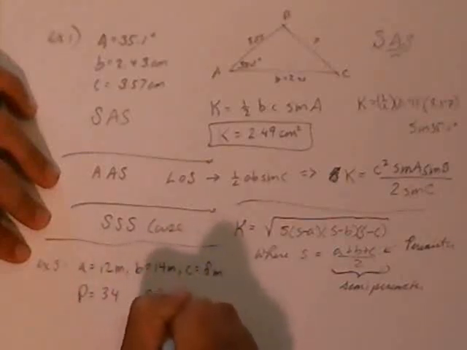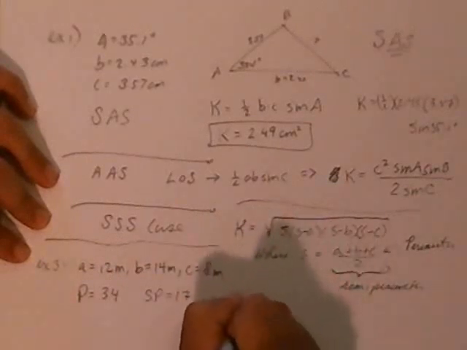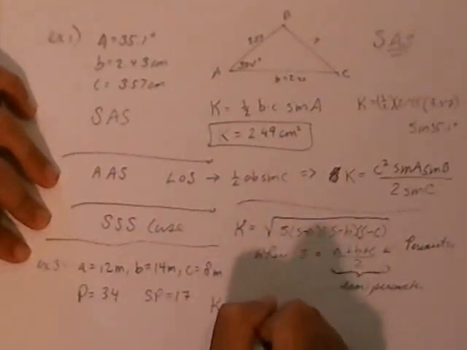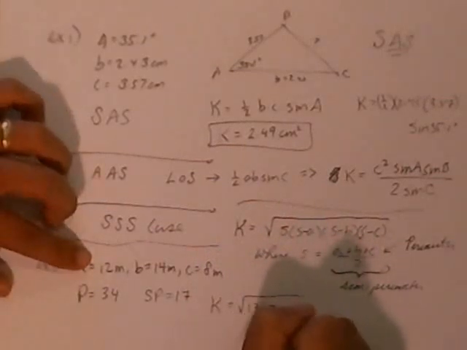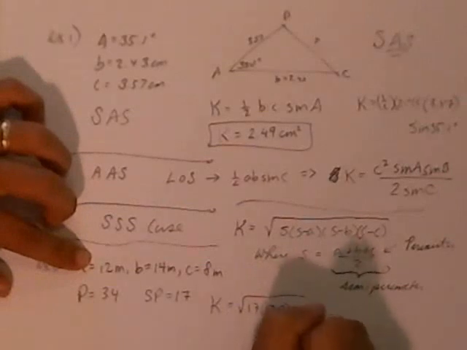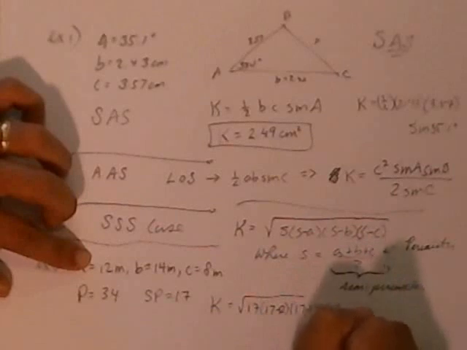The semi-perimeter is equal to 34 divided by 2, which is 17. So the area is equal to the square root of 17 times (17 minus 12), excuse me, times (17 minus 14) times (17 minus 8).